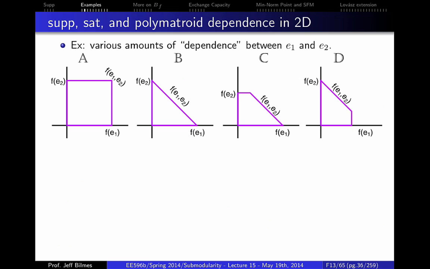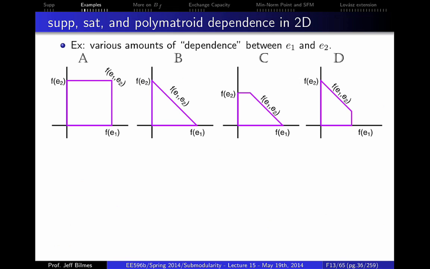A matroid represents linear dependence. We still use the word dependence to express concepts about items, which in that case are vectors, saying whether or not they're redundant. A vector is redundant if it's expressible as a linear combination of a bunch of other vectors. It's dependent. In an entropic sense, your random variable is dependent if it's a deterministic function of a bunch of other random variables, or equivalently, if its conditional entropy is equal to 0.